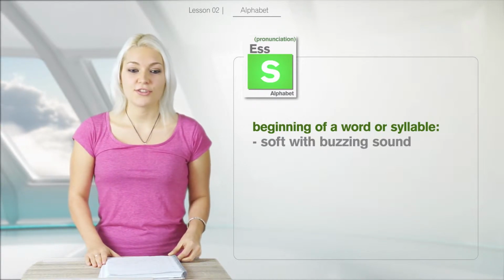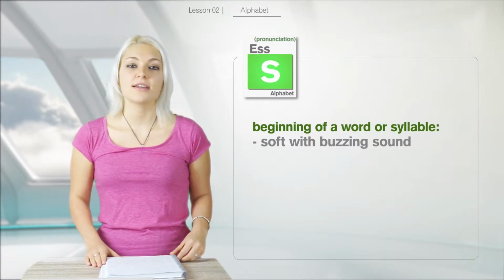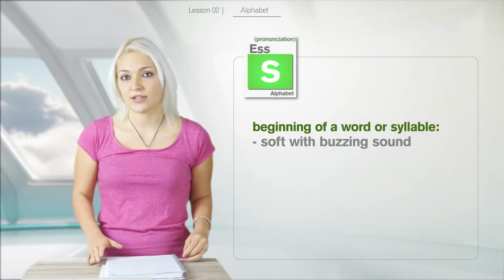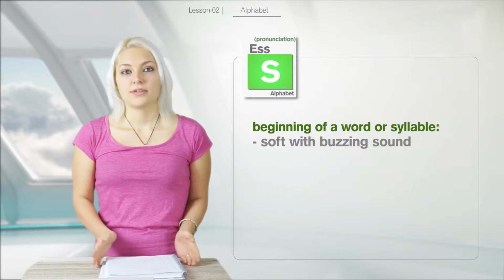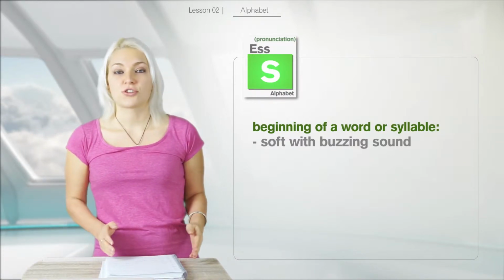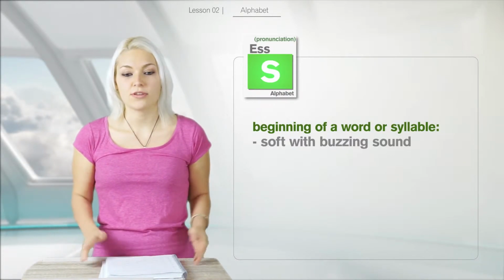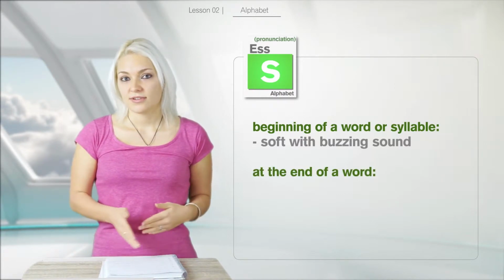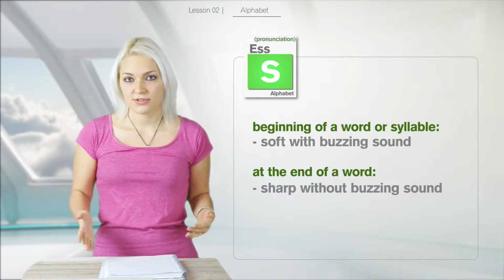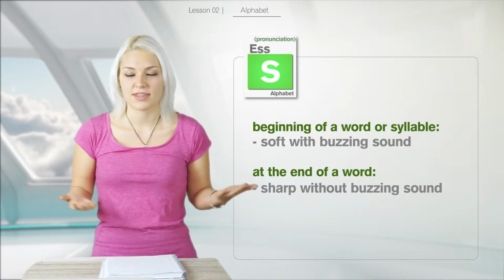This also changes when the S is the last letter of a word. For example, the word for bus, which in German is Bus, mainly the same word. It changes and becomes sharp as in English, so Bus, and you wouldn't say Buzz, because that wouldn't work.